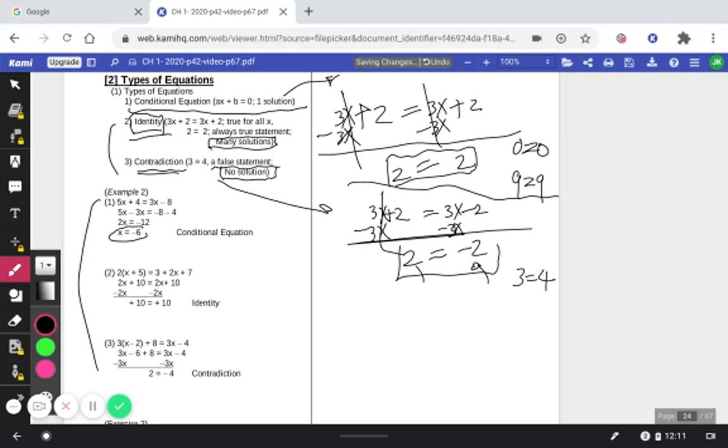If you successfully solve and x equals one value, one root, one answer, then we call it a conditional equation. When x disappears but the remaining result has one side equal to the other side, we call it an identity equation, with many solutions.